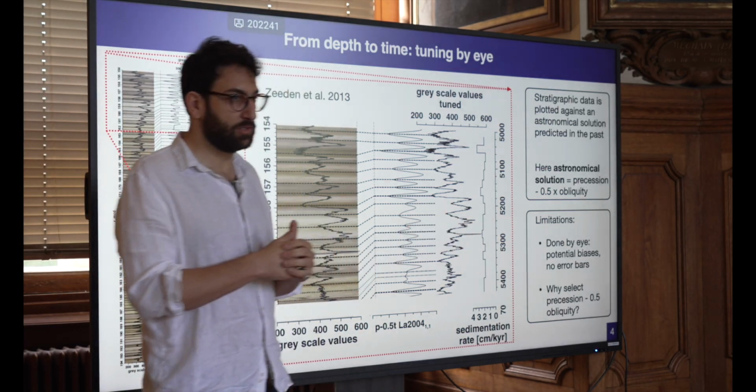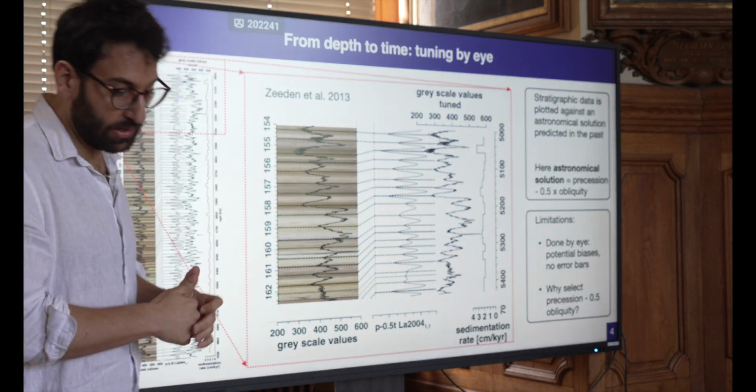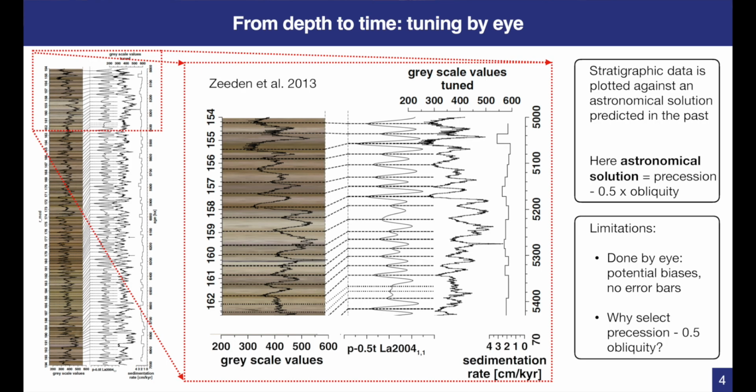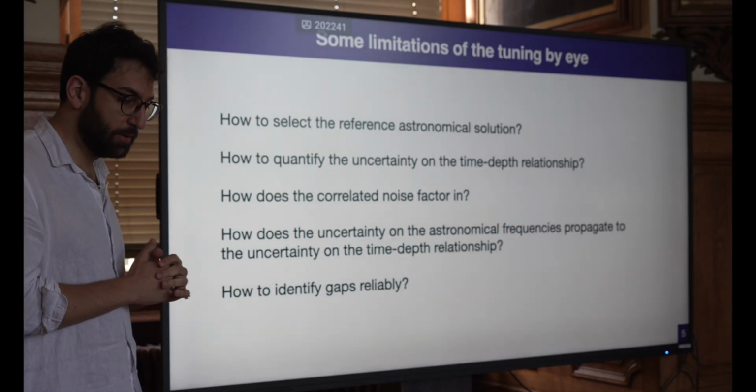Here we selected precession minus 0.5 obliquity, but it's not necessarily exactly what is going to match the patterns that you see on your proxy. So you're not necessarily sure how to select the reference astronomical solution. You don't necessarily know how to quantify the uncertainties on your time-depth relationship.